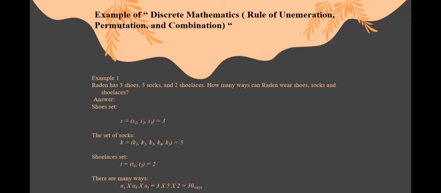The set of socks K equals K1, K2, K3, K4, K5, which is 5. The set of shoelaces T equals T1, T2, which is 2. There are AS times AK times AT equals 3 times 5 times 2 equals 30 ways.